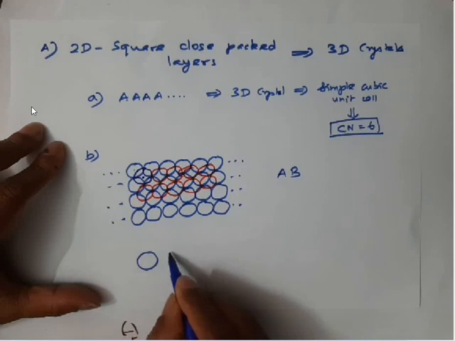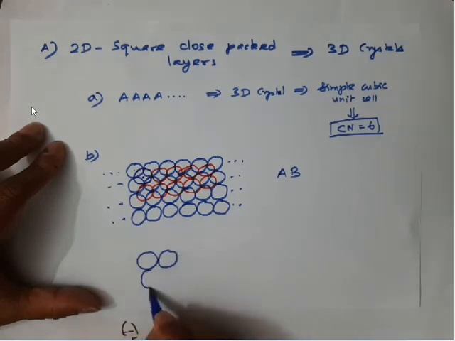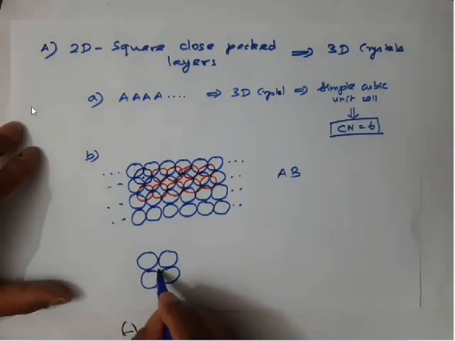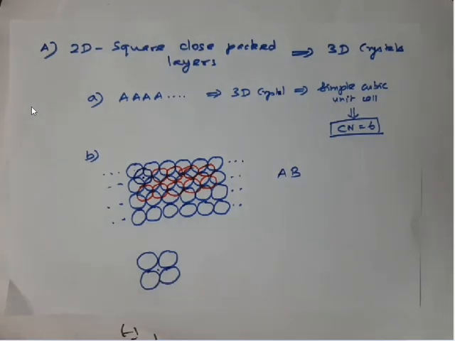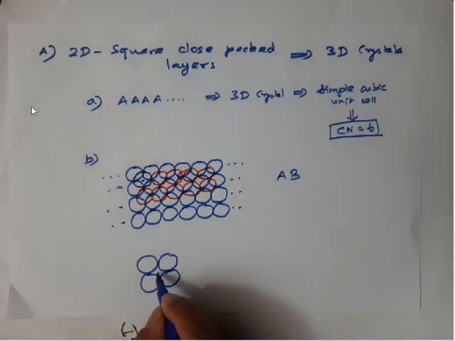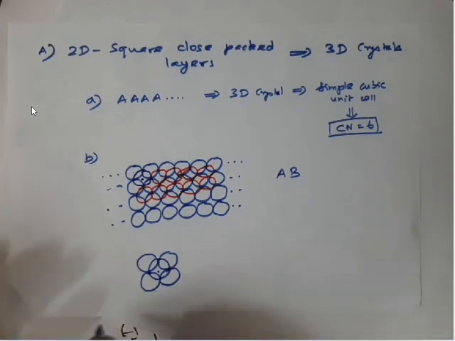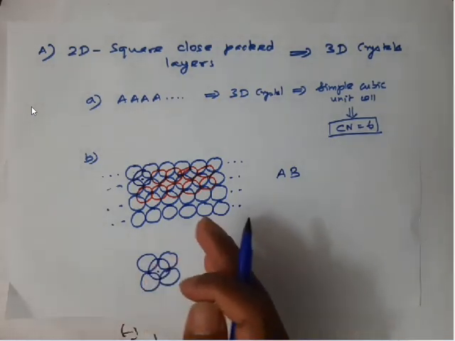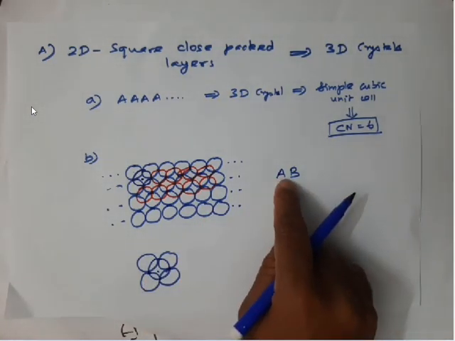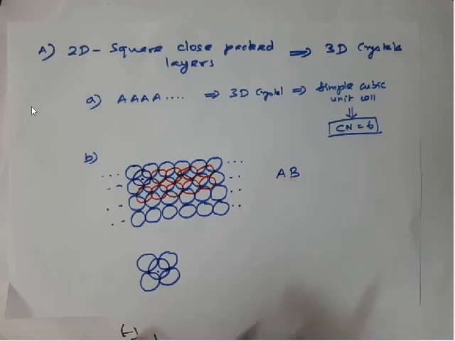Listen, if you join 4 balls like this, just imagine you take 4 balls and bring them closer and keep them like this, then you'll get a depression at the middle, right? If you place the second layer atom on the depressions of the first layer, you will get an arrangement called an AB arrangement.